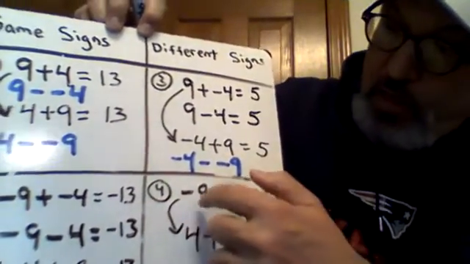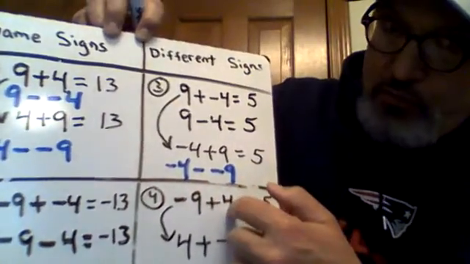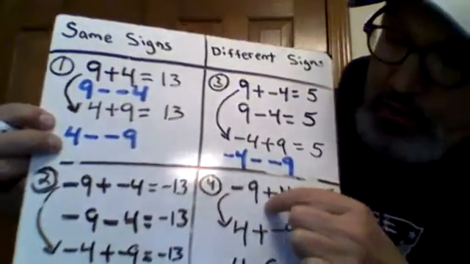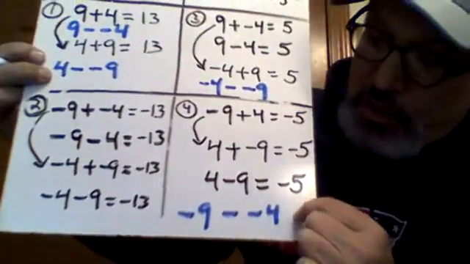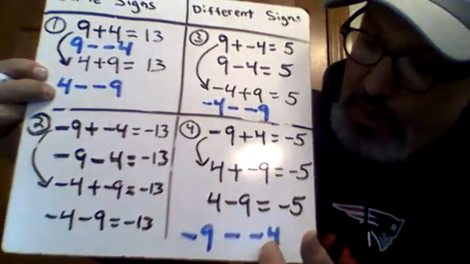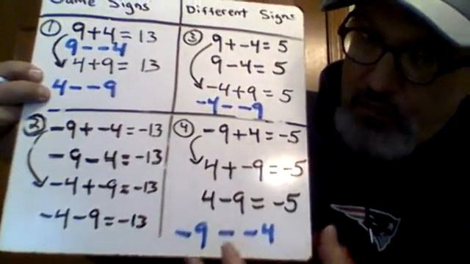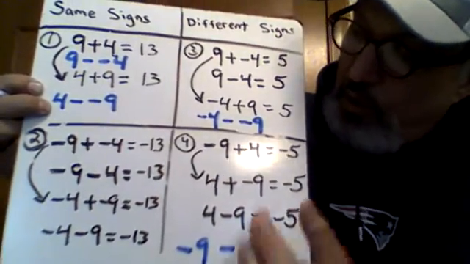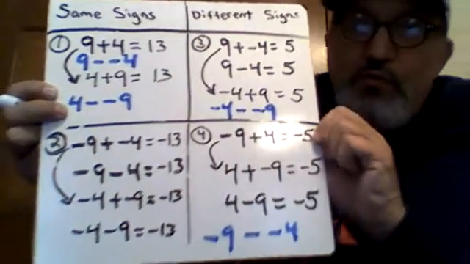But here, -9 plus 4 could be represented as -9 minus -4. I really should have written it in right underneath here, but I didn't have much room, so I put it down here. If you had -9 minus -4, you would interpret that by definition as -9 plus the opposite of -4. So it becomes -9 plus 4.